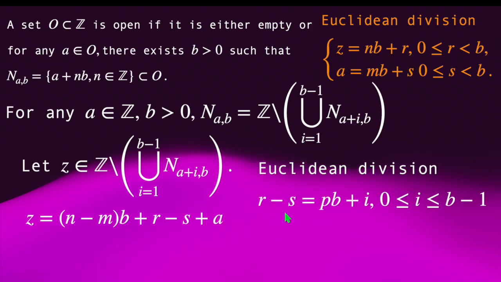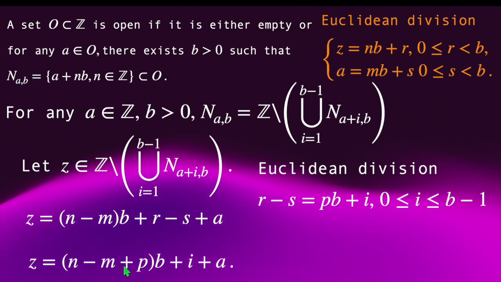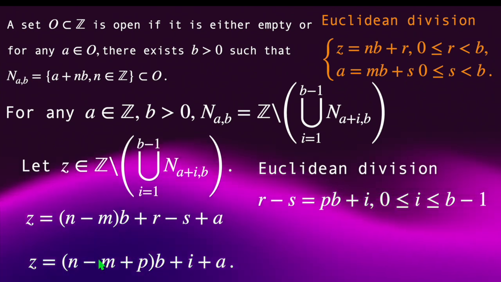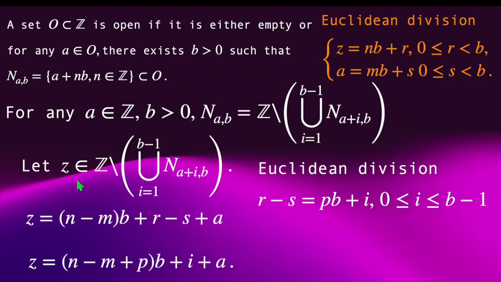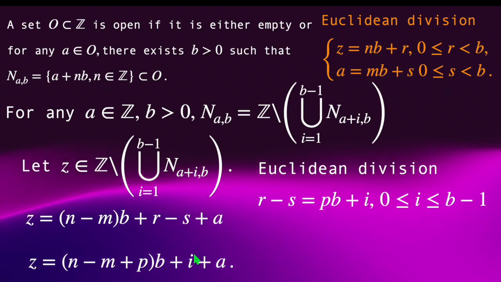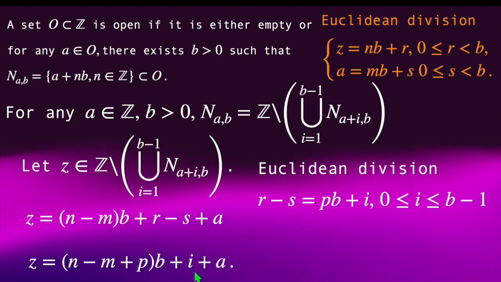If we replace here, we have Z actually is in NA plus EB, but we know that Z cannot be in NA plus EB, so the only possibility is that I is equal to 0.